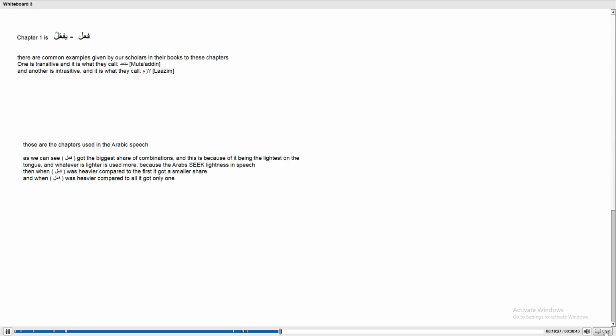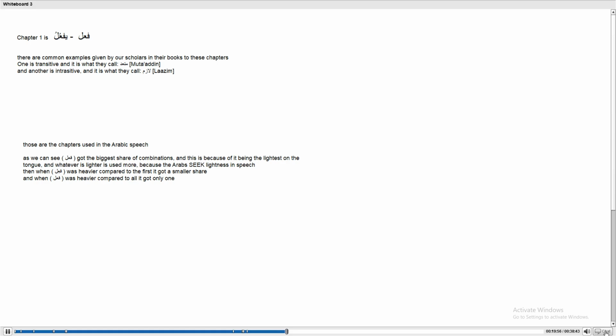Okay, so لازم، متعد. So the verbs, from the aspect of the sides they include, are two. One is transitive and one is intransitive. One is muta'addin and one is lazim.